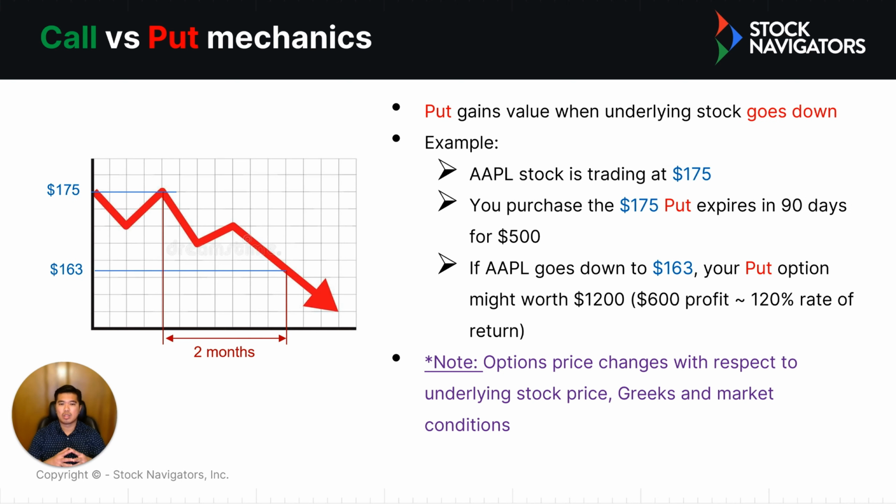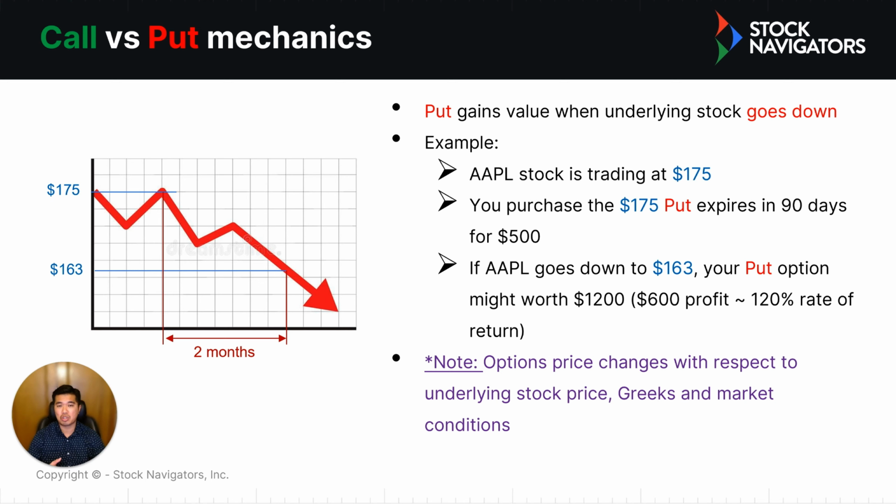So let's talk about the put. The mechanics of the put is the complete opposite of the call, where the put will gain value when the underlying stock goes down. For example, I will use the same example with Apple, where let's say Apple is trading at $175, and you think that Apple price will go down in the next couple months.